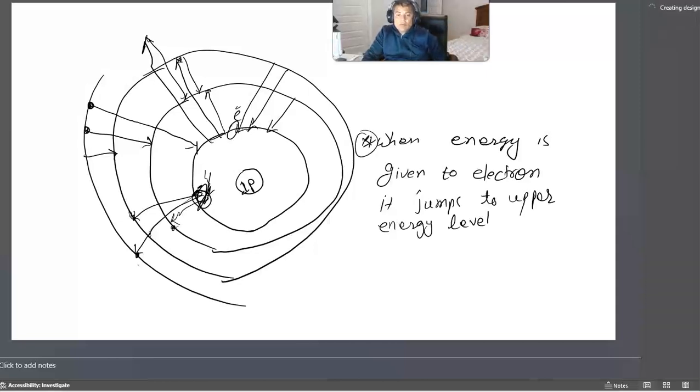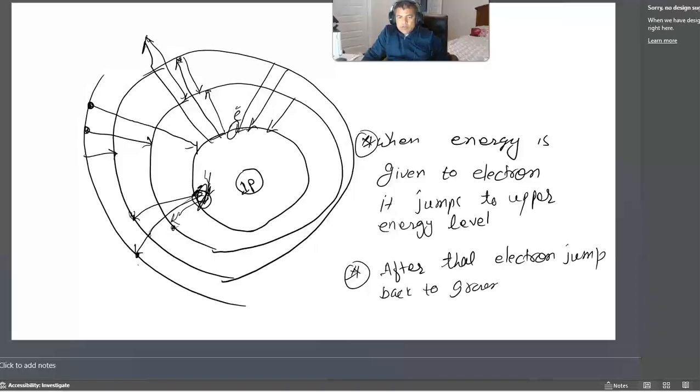Okay, so after that the electron jumps back to the ground state.